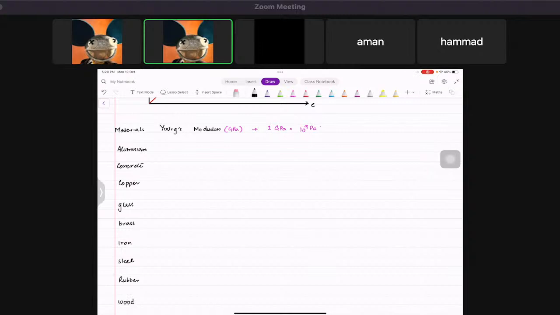Mostly you will see aluminum, concrete, copper, iron, steel, like that. But still, there's no harm to remember these two.